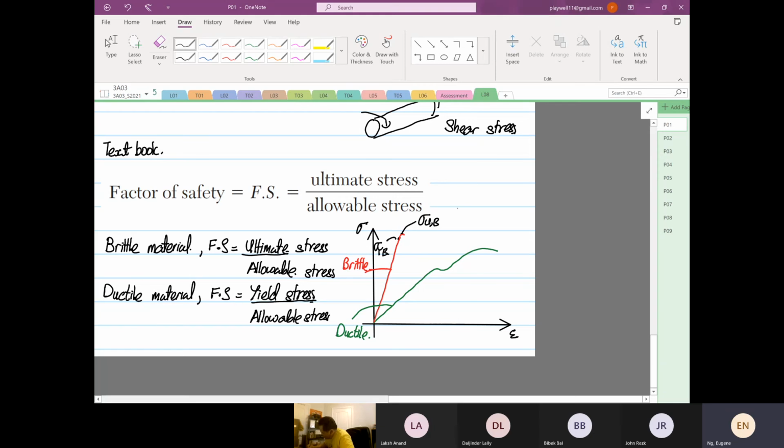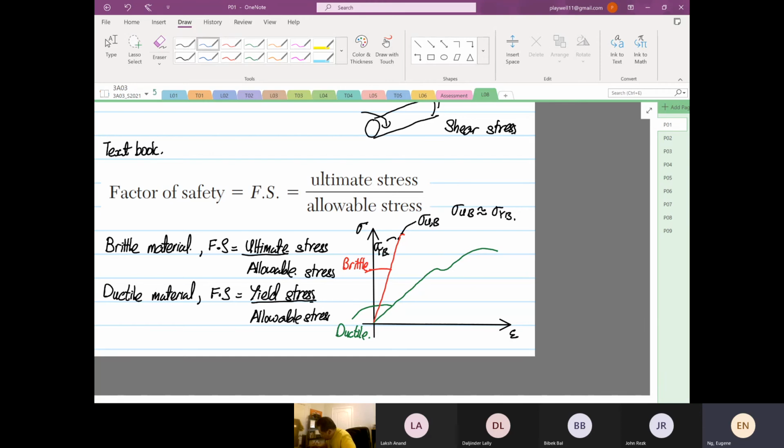What you realize is the ultimate strength for brittle material is very similar to the yield of brittle material, so for brittle material it does not really matter whether you use yield or ultimate.